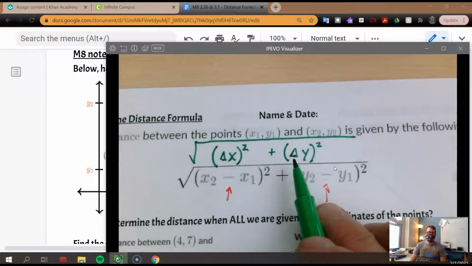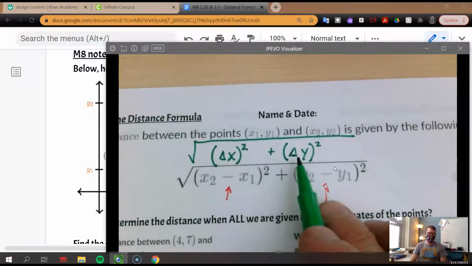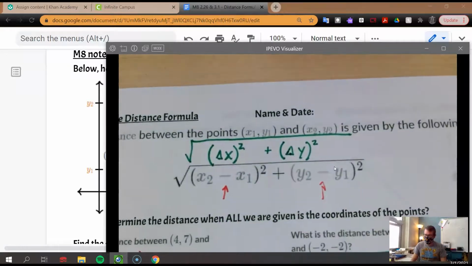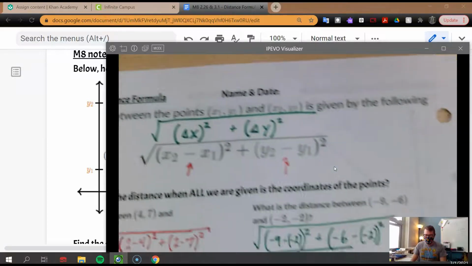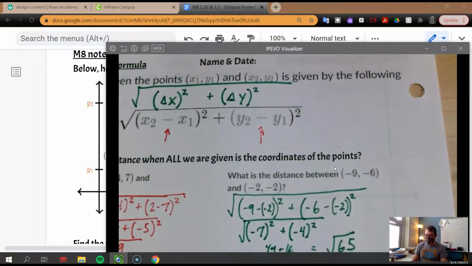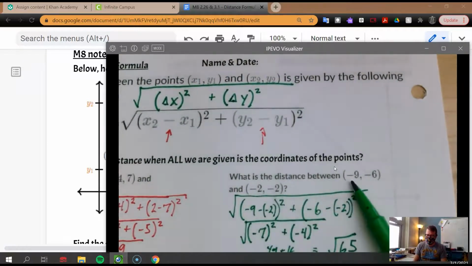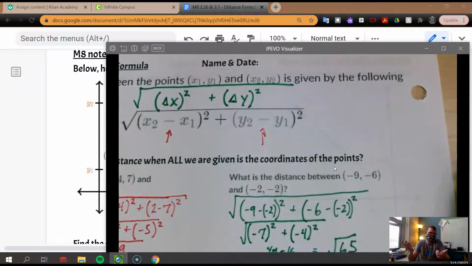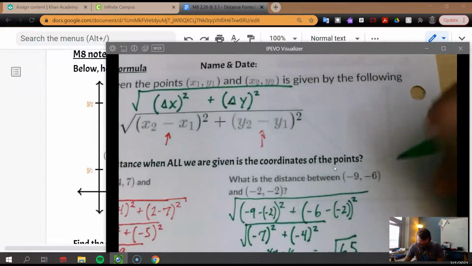If we can just evaluate how far did x change and how far did y change, I don't need to do this complicated work. So if I can turn my brain on and say, oh, well, from -2 to -9 is a distance of 7, doesn't matter positive, negative, like it's 7, right? Distance is always positive. So my delta x is 7.